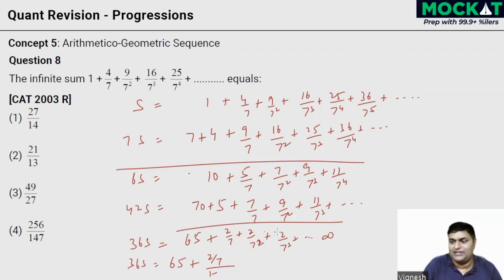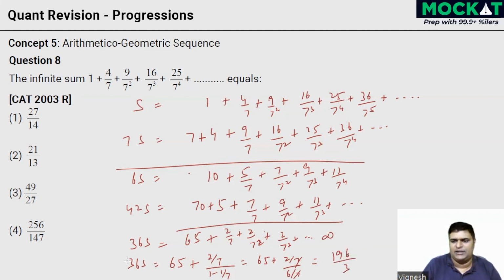R over here, every subsequent term I'm multiplying with 1 by 7, right? 1 minus 1 by 7 is 6 by 7, right? So that's nothing but 65 plus 2 by 7 by 6 by 7, 7, 7 cancel, 2 by 6 is 1 by 3. 65 plus 1 by 3, if I take the LCM, it's going to be 65 into 3, which is coming to 195 plus 1, right? Which is going to be 196 by 3, right?